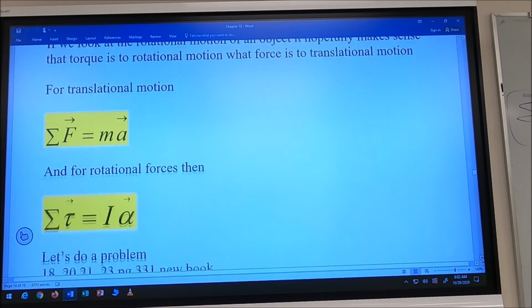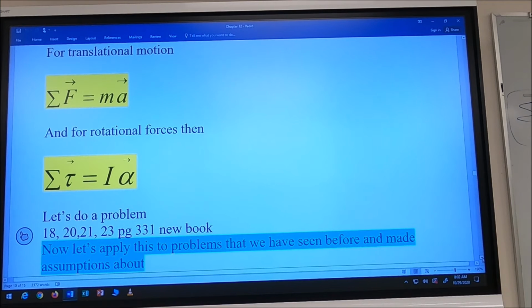All right, now, I hope that you're getting to the point where you're starting to get some aha moments. For translational motion, remember that sum of the forces equals mass times acceleration, okay? So that when I have forces going through the center of mass, they cause a translational motion.